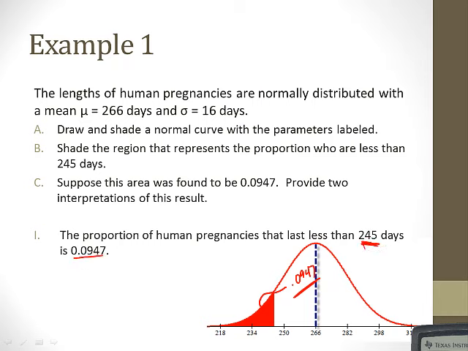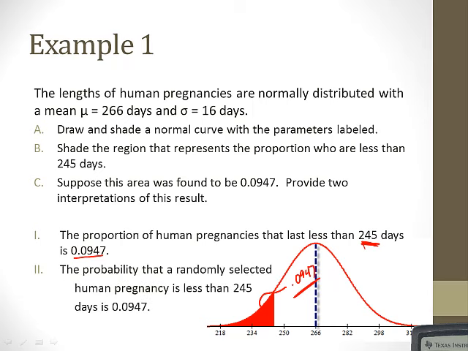That's roughly 10%, so about 10% of pregnancies will last less than 245 days. Another interpretation is that if we randomly select a human pregnancy, the probability that it's 245 days or less is 0.0947. So a couple different ways to look at this, from a probability standpoint or from a proportion standpoint.